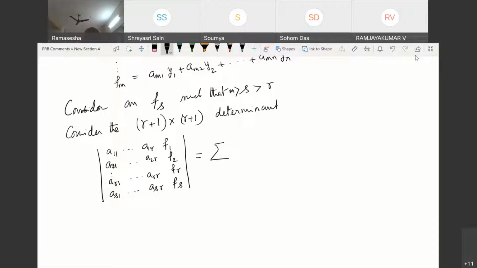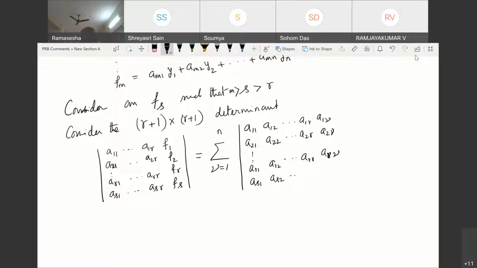So I can write this as sigma over j equal to 1 to n of the determinant with rows a11, a12, a1r, a1j; a21, a22, a2r, a2j; ar1, ar2, arr, arj; and as1, as2, asr, asj.